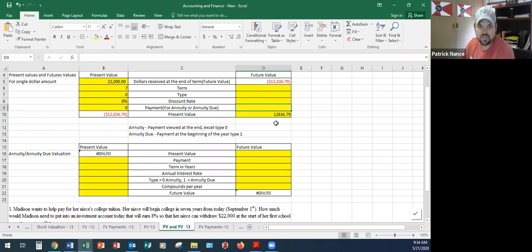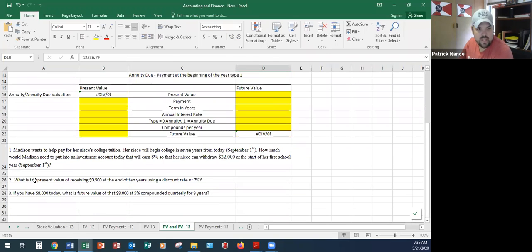It should come out close to the same. Payments, 8%, type 0, term 7 years, and if you do it right, the future value should come out to equaling the future value that you desired. And there could always be some rounding problems, but overall that should usually work for you.